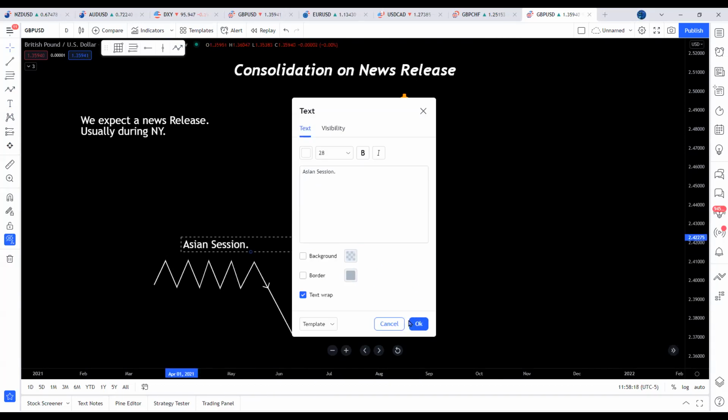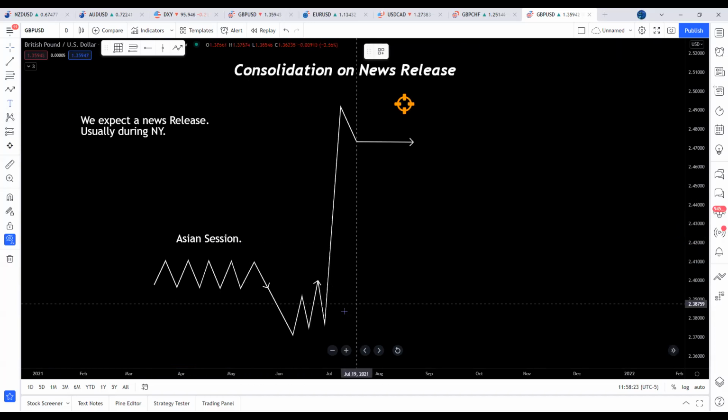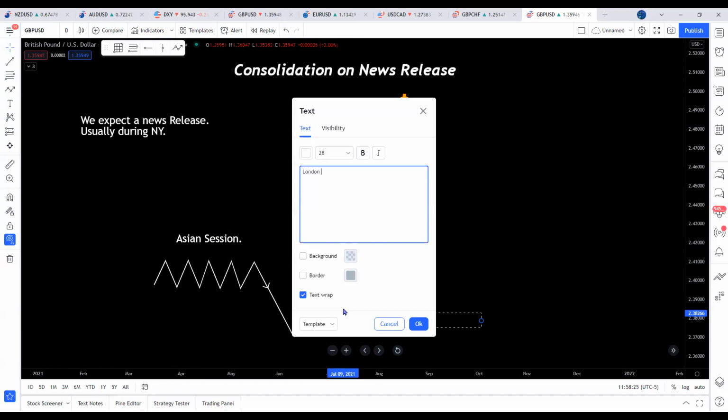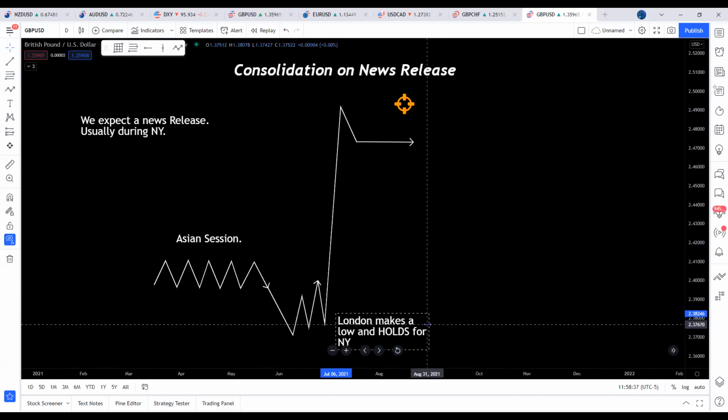So your Asian range has to be pretty small, right? Now, London makes a low. And New York will hold here too, right? New York will hold here too. And New York holds why?